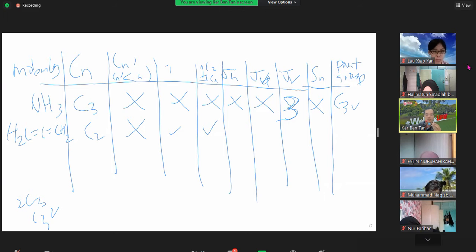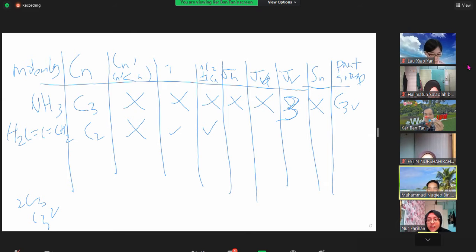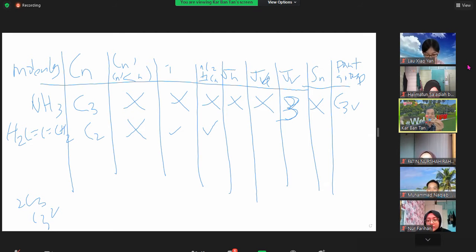Next question. Do we have sigma h? If you say that it has sigma h, let's say I take my principal axis here. My sigma h must be cutting this way because sigma h must be perpendicular.